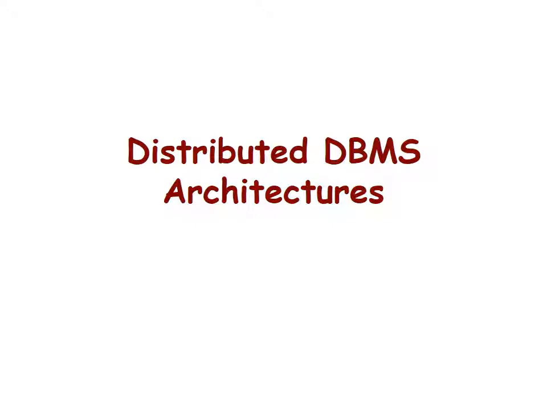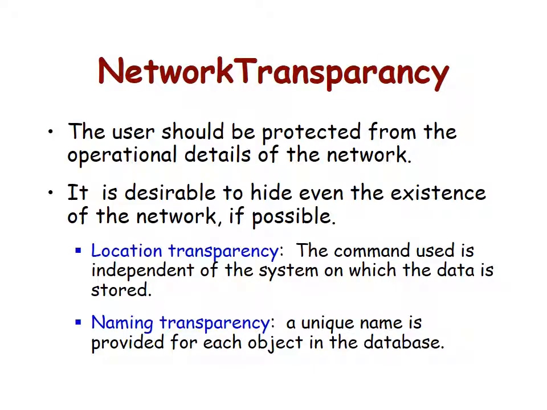So let's first look at different distributed database management system architectures. A distributed database management system should hide the network from the global application. All that complexity should be hidden from the application.